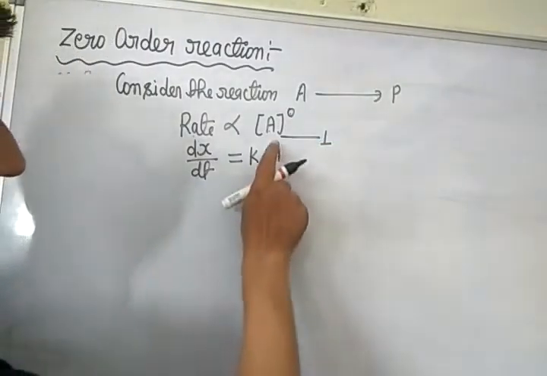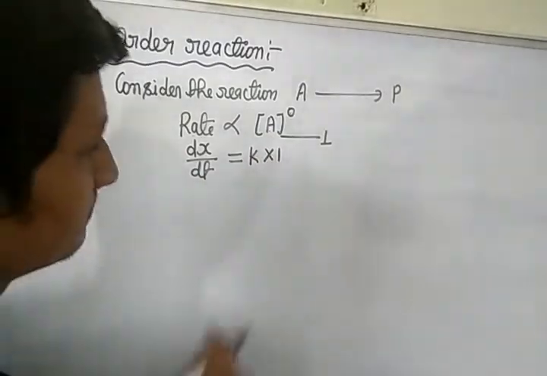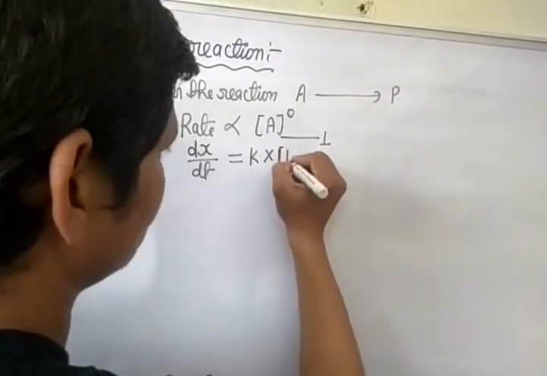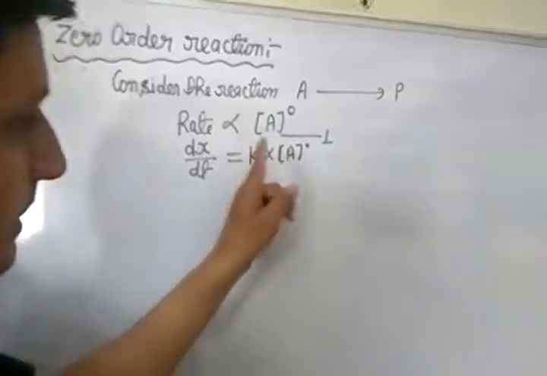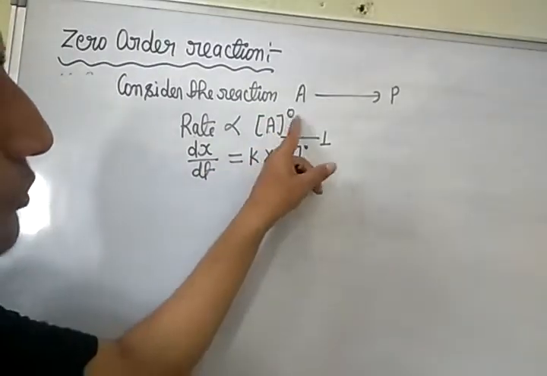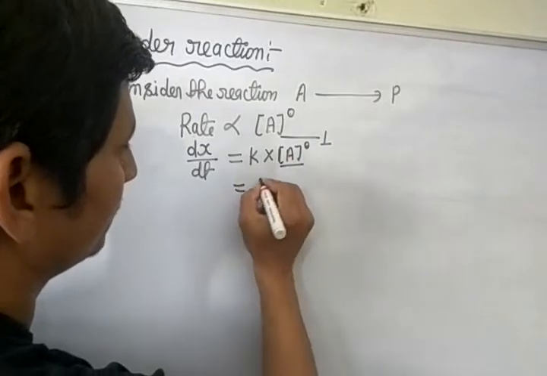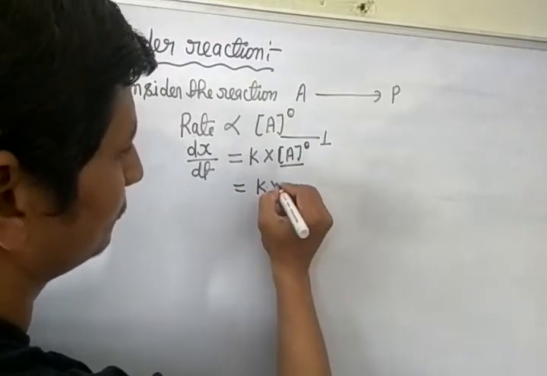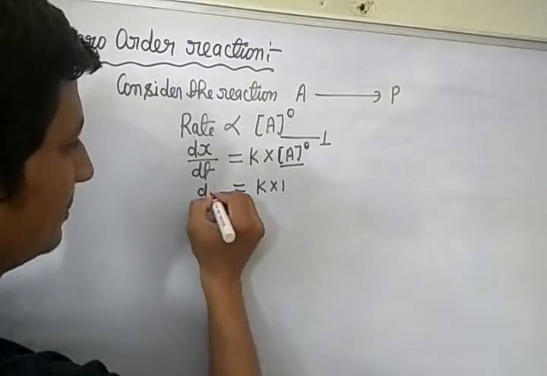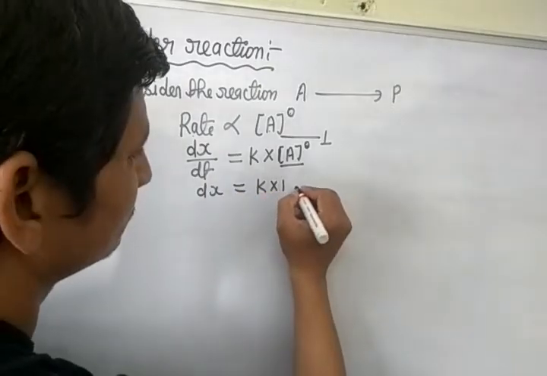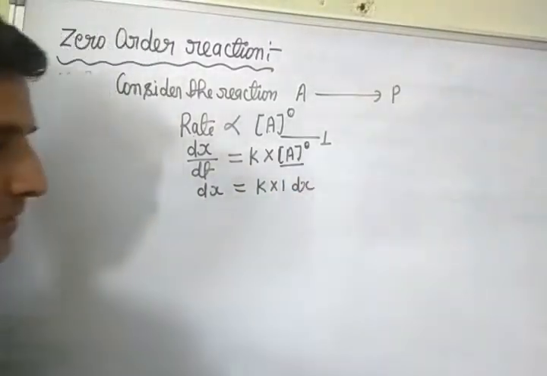Any number to the power 0 has the value 1, so in its place we can write 1. So this becomes k into 1, dx is equal to k dt.